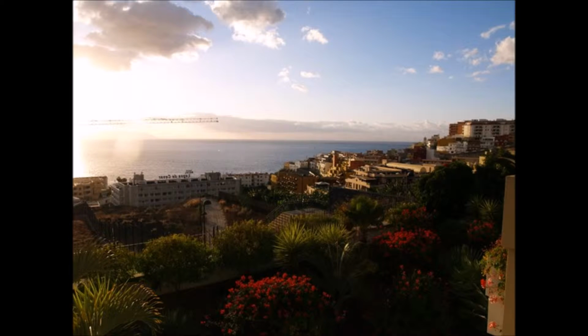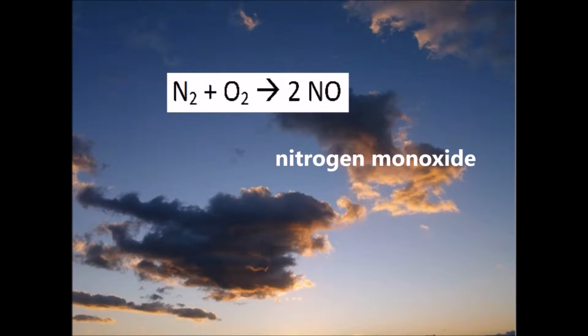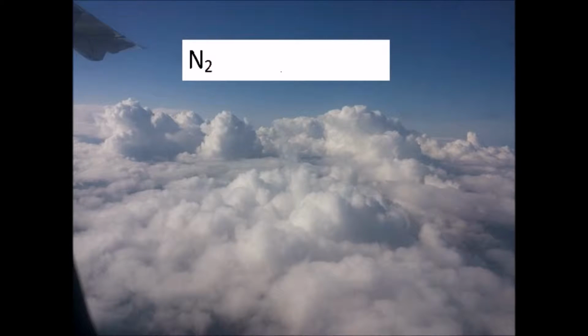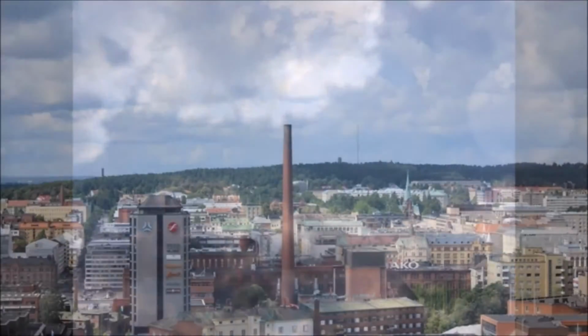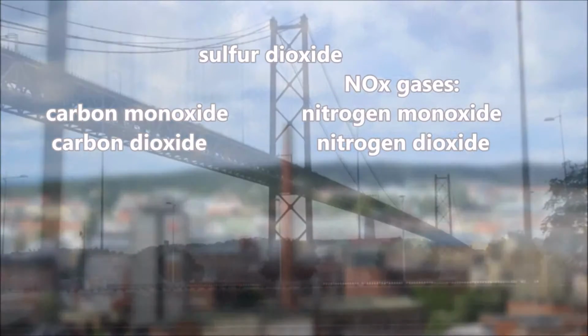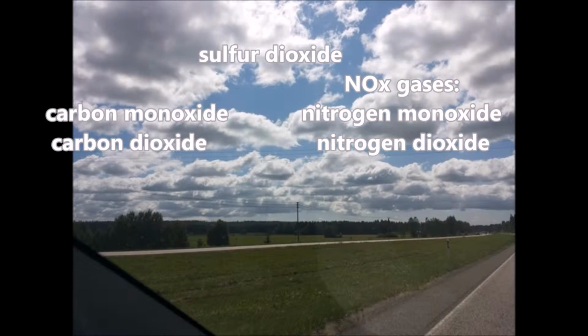Nitrogen gas plus oxygen gas yields nitrogen monoxide, and nitrogen gas plus 2 molecules of oxygen gas yields 2 molecules of nitrogen dioxide, and all of these non-metallic oxides become acidic in rain clouds and in wet soil.